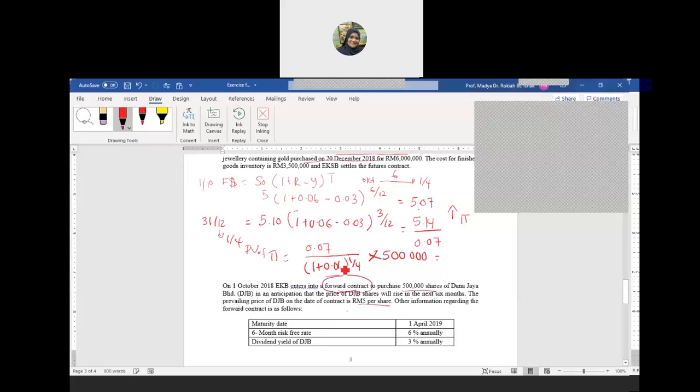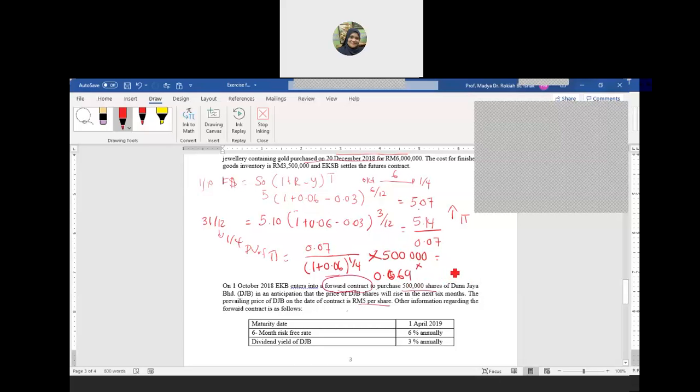For this figure, how much do you have? Okay, 0.069069. Times with this figure, how much do you have for this one? Okay, 34,500.